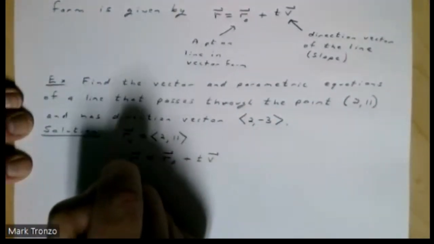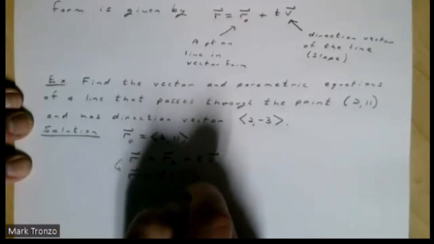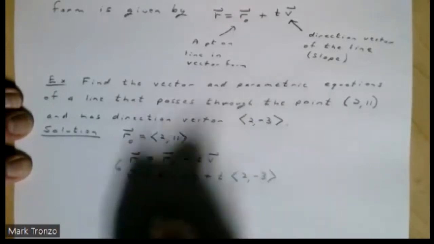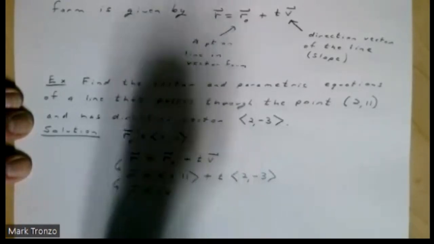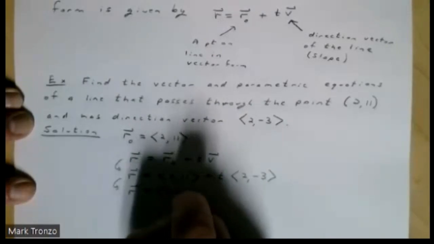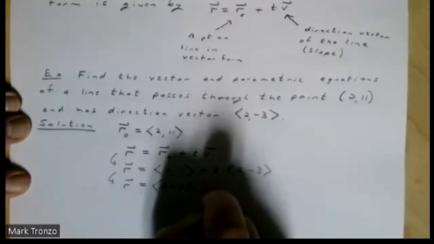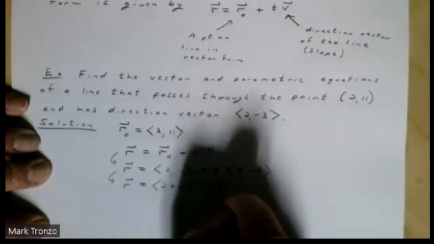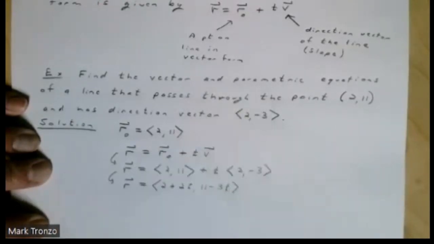And so our equation then is going to be <2, 11> plus t times <2, -3>, like that.